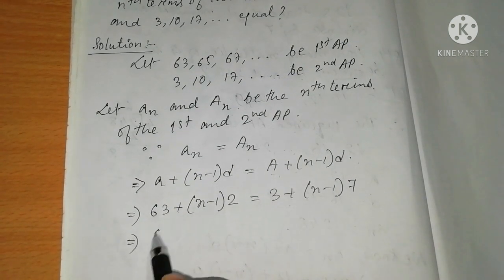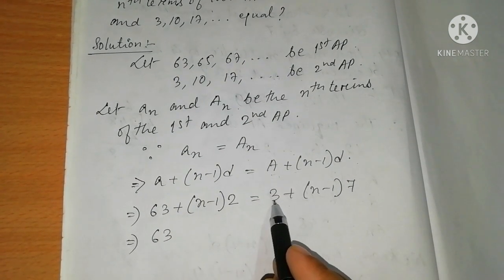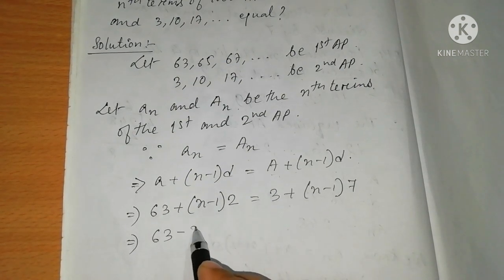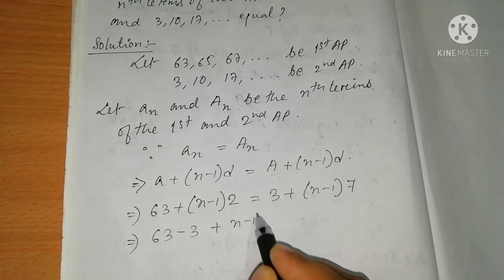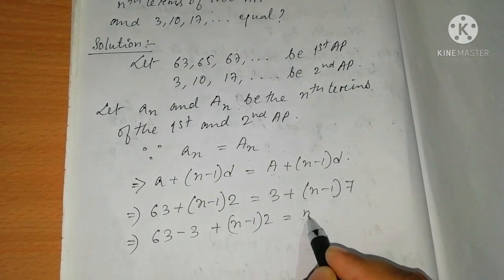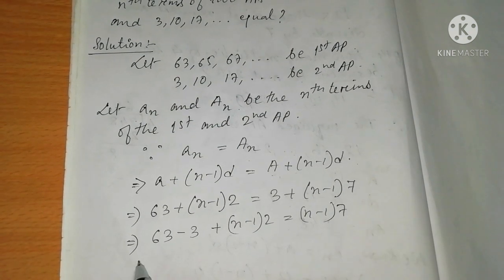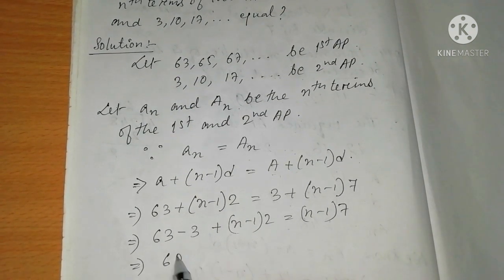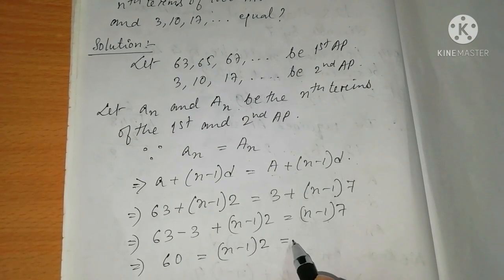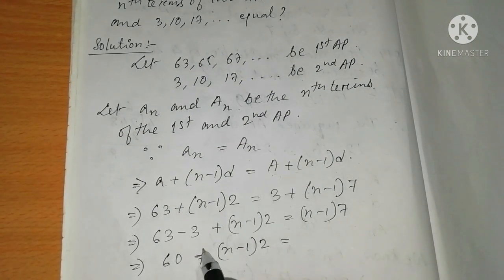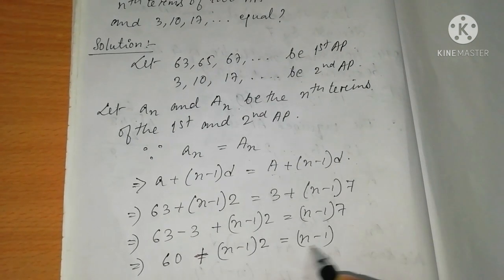So now 63, let me bring this 3 to this side, so minus 3, plus n minus 1 into 2 is equal to n minus 1 into 7. So we got 60 equal to n minus 1 into 7 minus n minus 1 into 2.